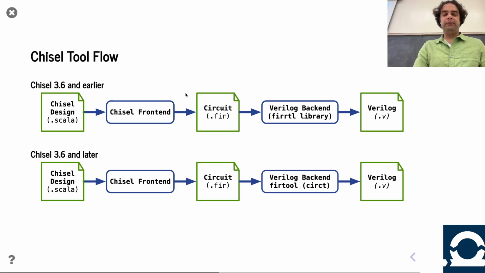From the point of view of the Chisel front end, you're still emitting FIRRTL, and you can see this is kind of cool, where they're able to introduce this new backend, which has certain properties they liked. It's more scalable, it's faster, less memory consumption. People argue the Verilog it produces is more human readable. And that change not only didn't require changes to user designs, it also didn't require necessarily a change to the Chisel front end, right? Chisel front end still spits out FIRRTL, and that's fine. They just changed the backend.